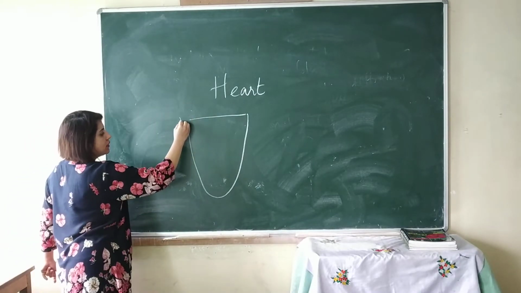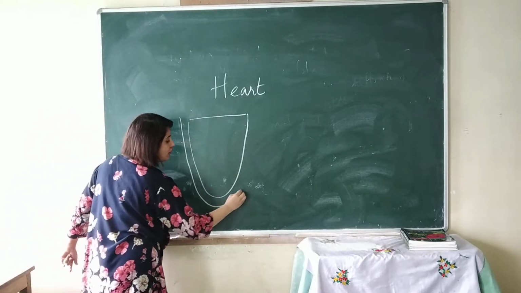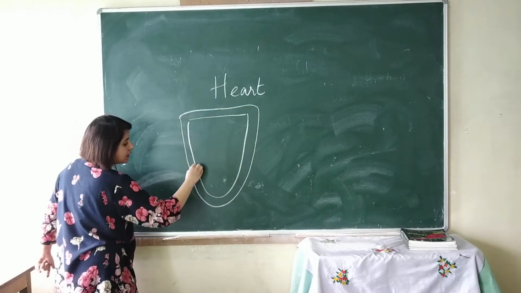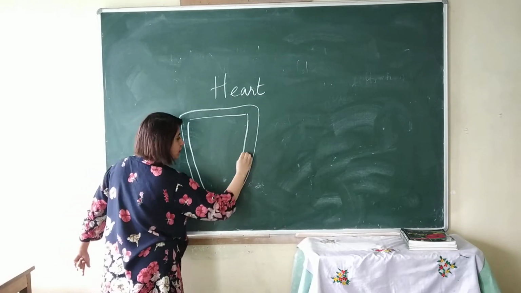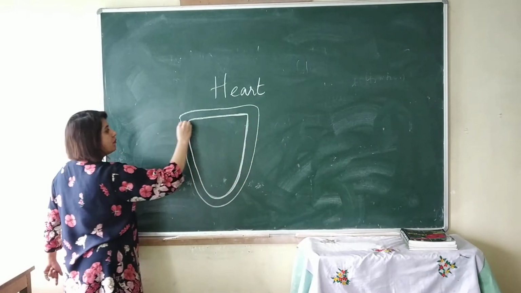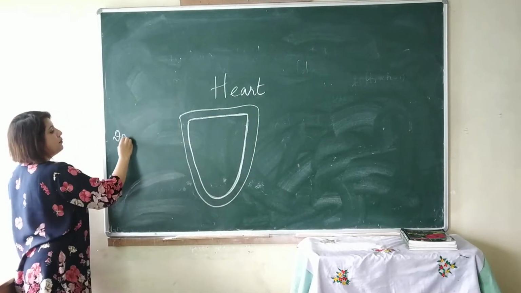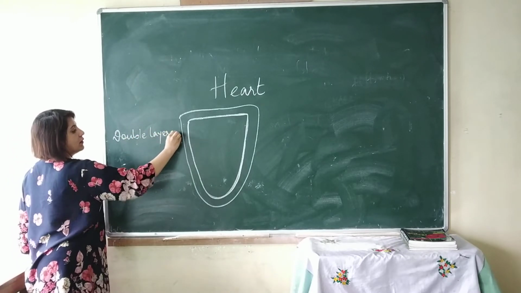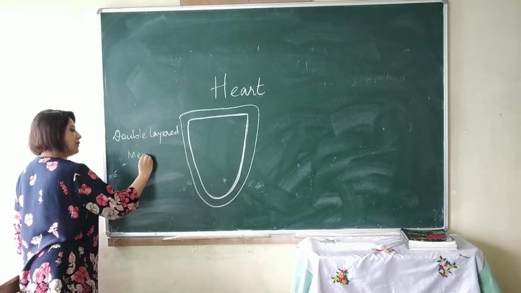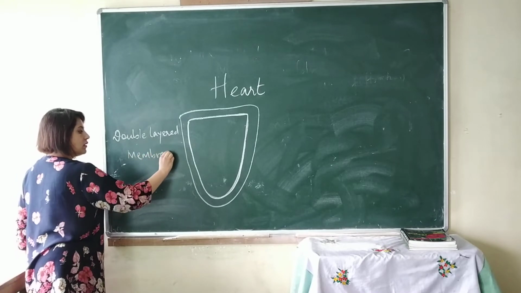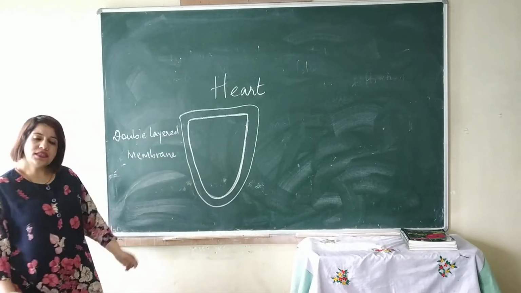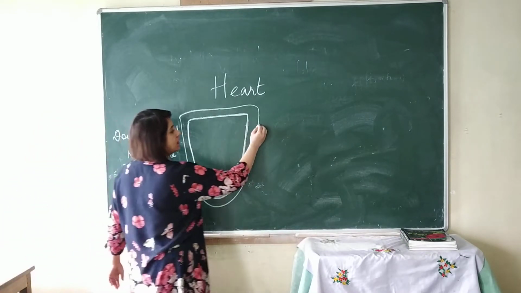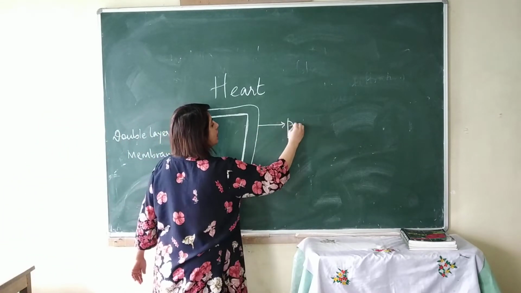It is covered by a double-layered membrane. This double-layered membrane which covers the heart is called the pericardium.